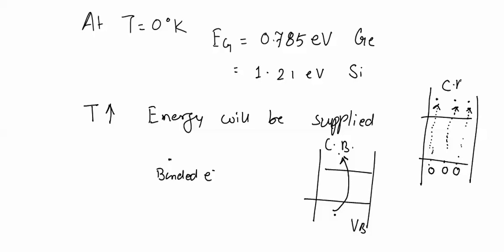Now many free electrons are available for conduction, and there are holes available in valence band for conduction. With increase in temperature, these charge carriers are increasing, and we can say that with increase in temperature, the material will start conducting.